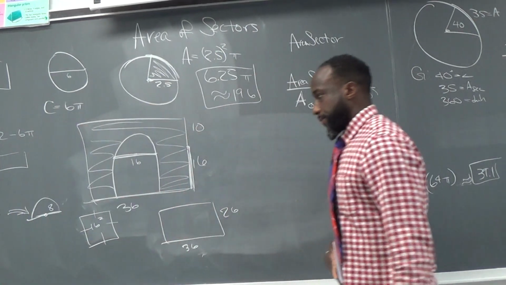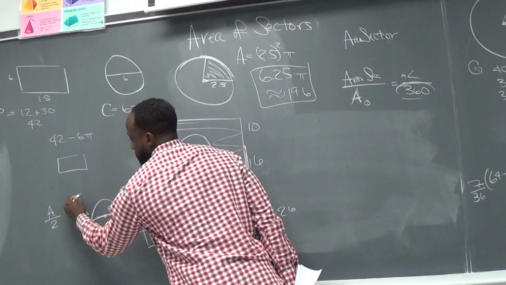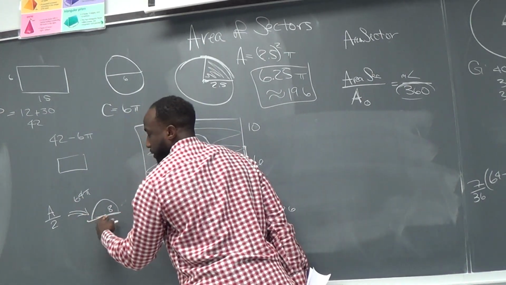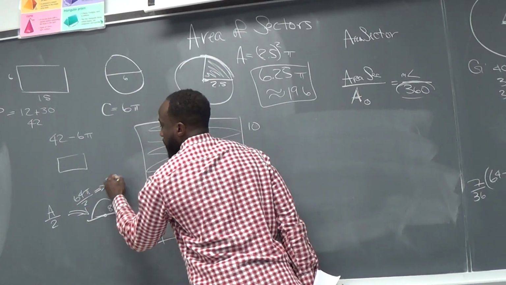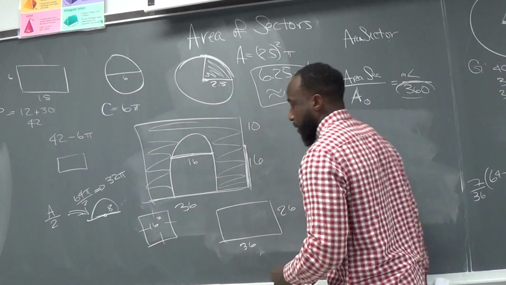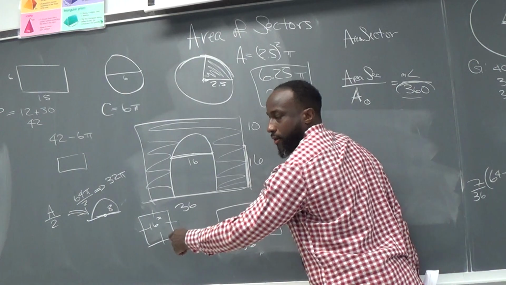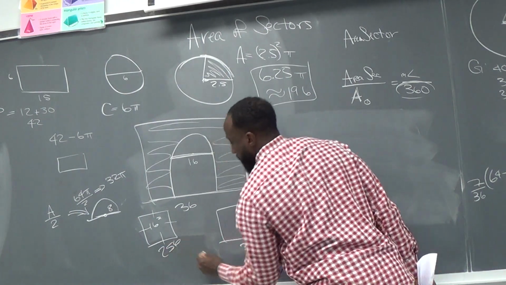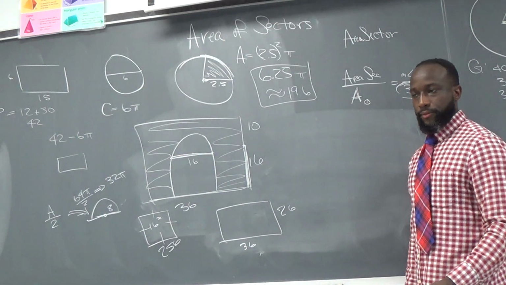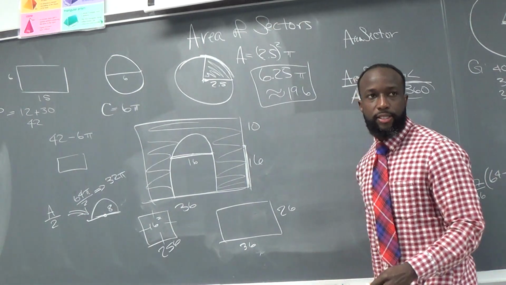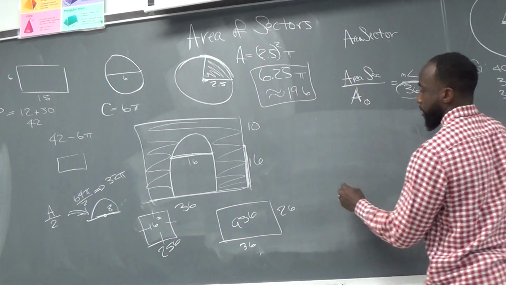The area of the circle is 64 pi, over 2, which is 32 pi. The area of this square is 256. The area of the big rectangle is 36 times 26, which is 936.